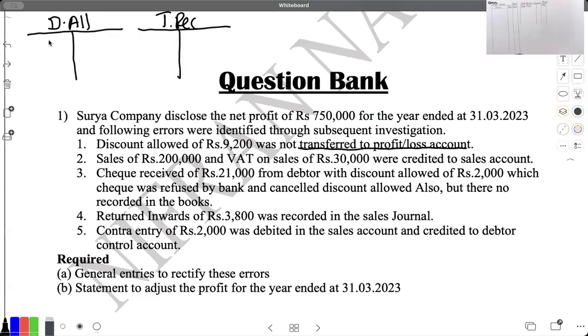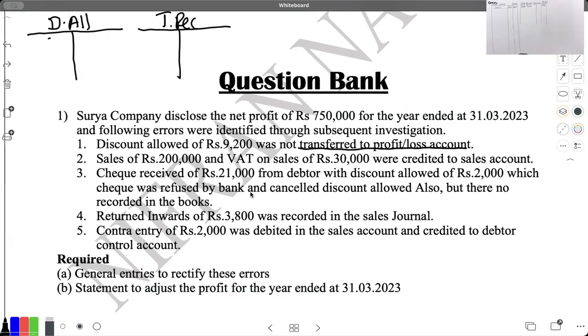So in the discount allowed account I will be debiting 9.2, and in the trade receivable account I'll be crediting 9.2. Between these two accounts, tell me which account will be charged to profit or loss.